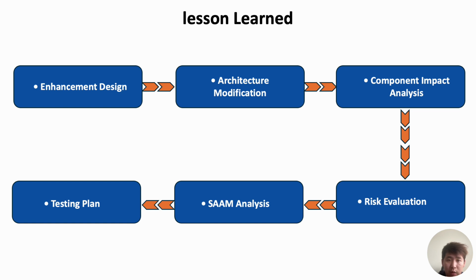And finally, by writing a detailed testing plan, we realized the importance of validating enhancements from unit level to system level to ensure quality and usability. Overall, this project gave us a hands-on understanding of real-world software architectural work.